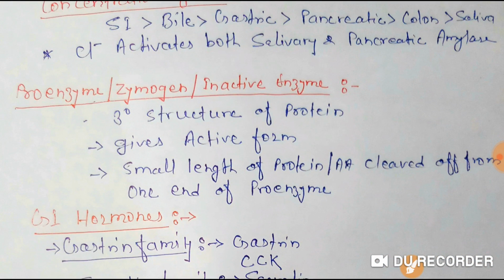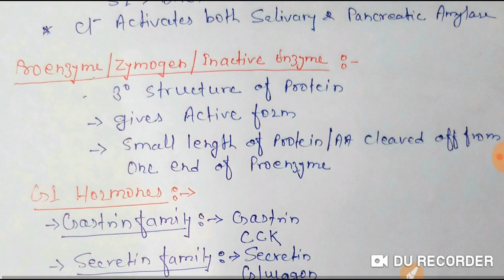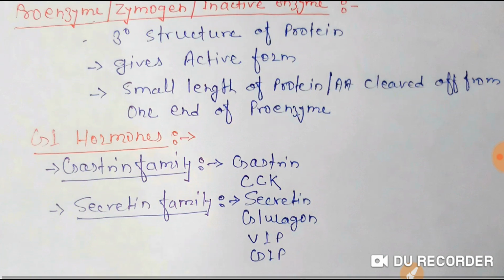Next is the pro-enzyme, or zymogen, or inactive enzyme. This is actually a 3D structure of the protein, and when activated it gives the active form. For the activation, a small length of the protein or amino acids is cleaved off from one end of the pro-enzyme, which gets converted into the active enzyme.